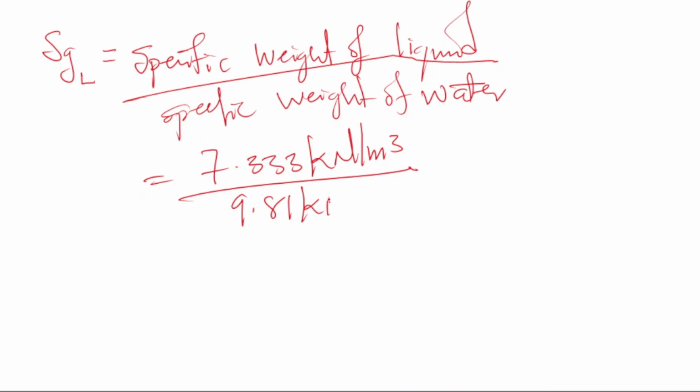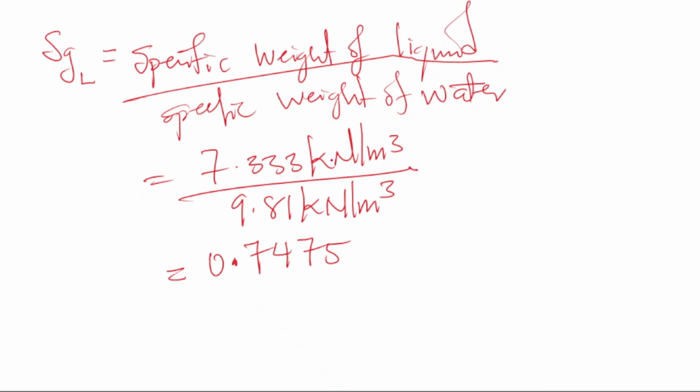Now, what do you simply do? You simply punch this in your calculator. If you punch this, you simply have 0.7475.